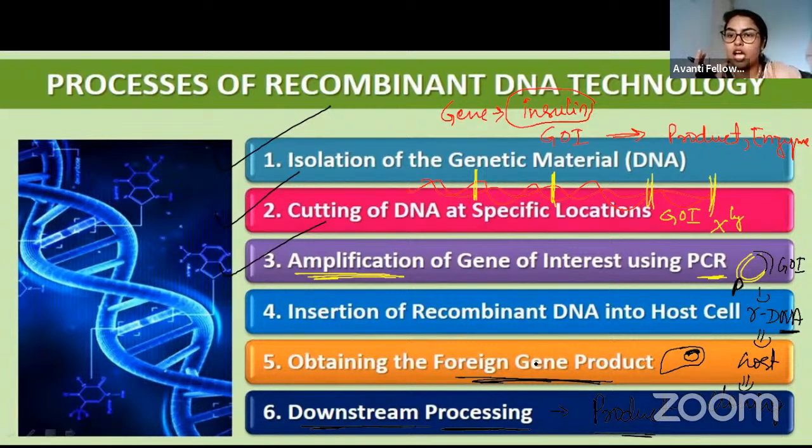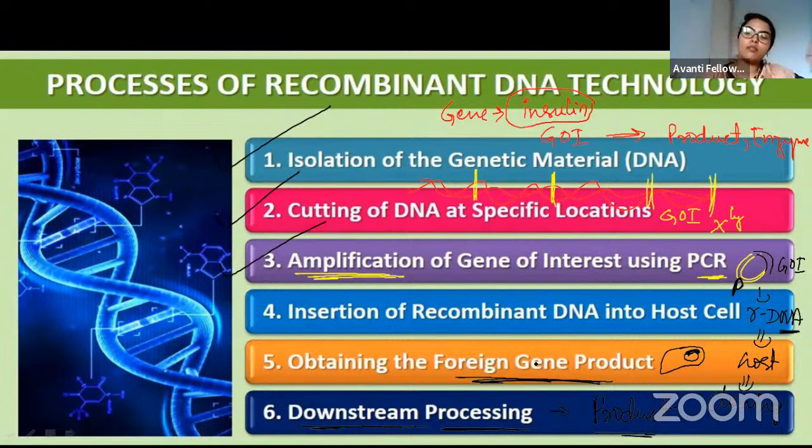Transcription will occur, then translation will happen, then we get the ultimate protein. That protein is our product. Similarly here, using the gene of interest, which might be an antibiotic resistance gene or an insulin producing gene, the product is produced after incorporation in the host cell.